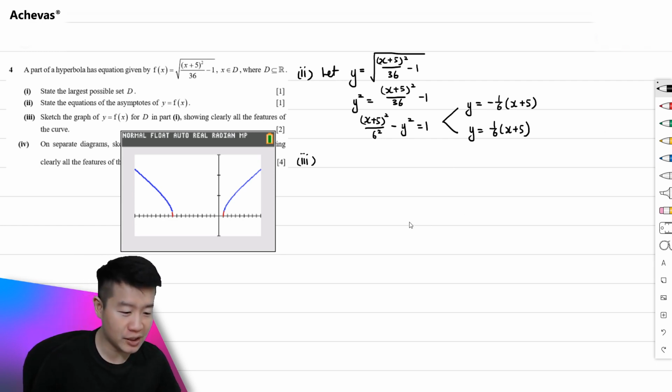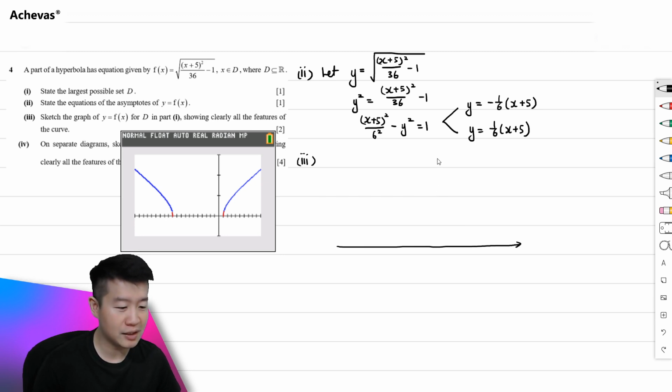And when we are sketching the graph, like what I have mentioned during our first few streams, let's make sure that we sketch in the asymptotes first before we sketch in the rest of the graph. So I'm going to sketch in the two asymptotes, and they are going to be this. This will have a positive gradient, so this is 1 over 6 of (x plus 5).